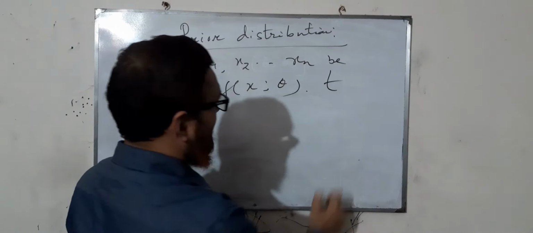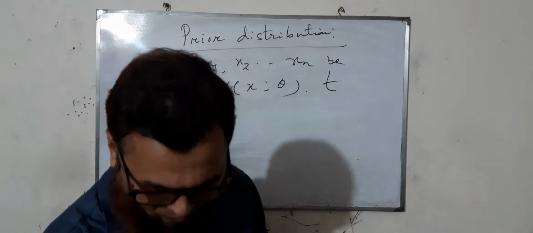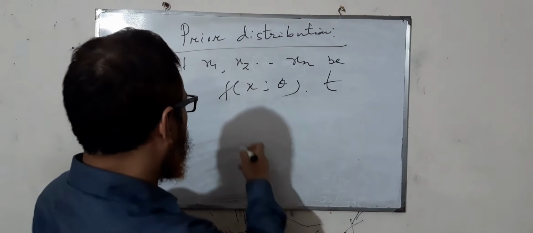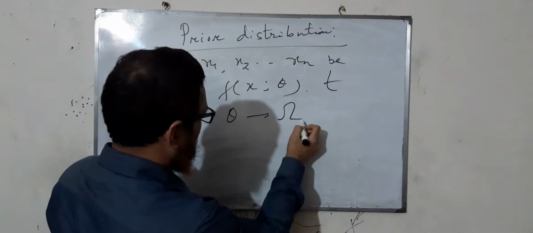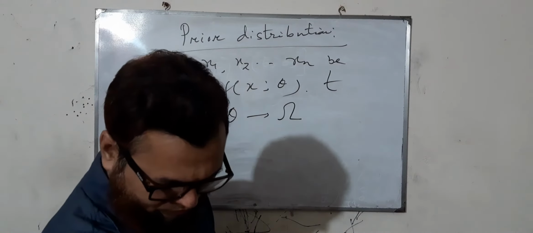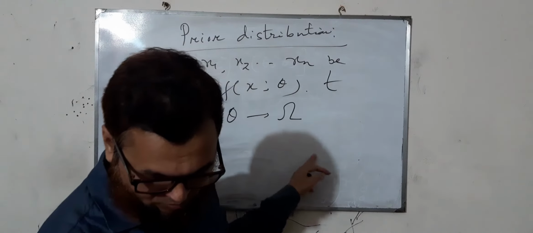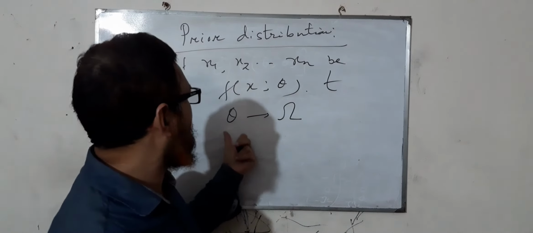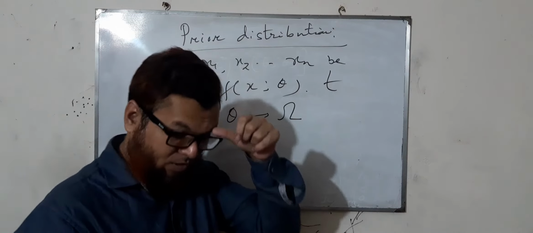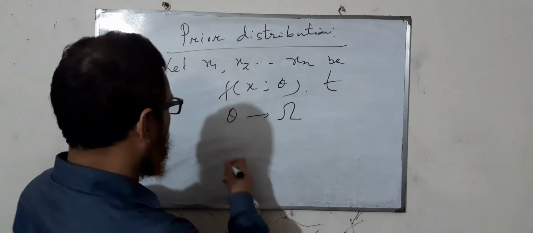Let t be another estimator of theta, and theta is in a parameter space omega. Then the probability function of theta is known as prior density function of theta. It is denoted by g(theta).